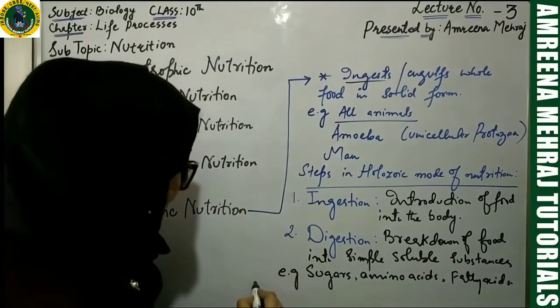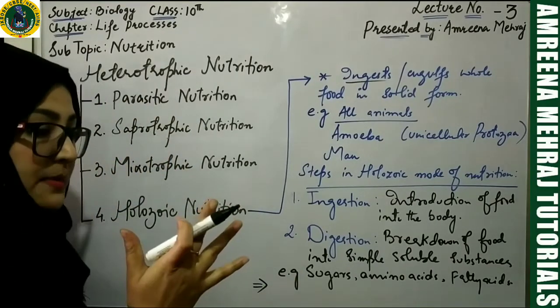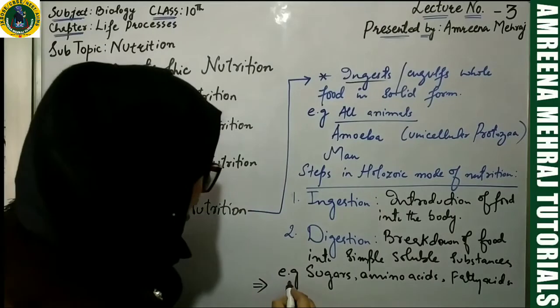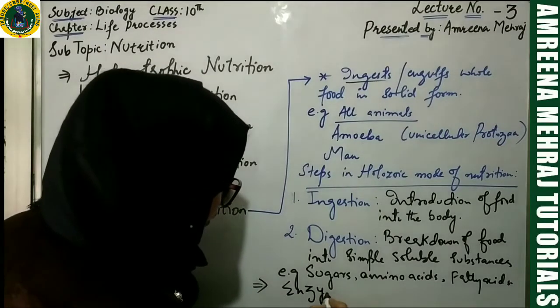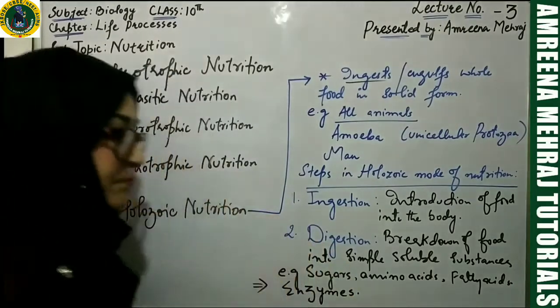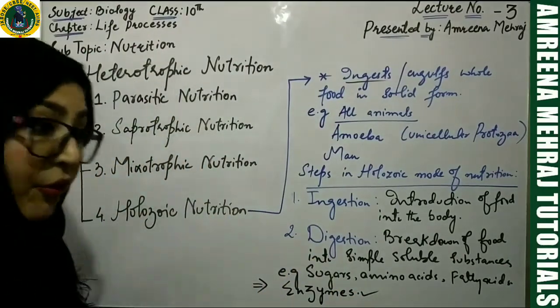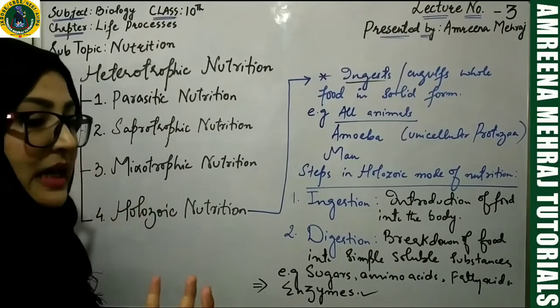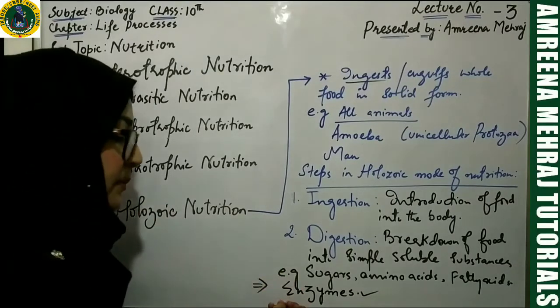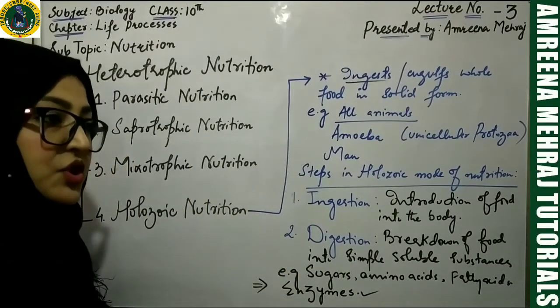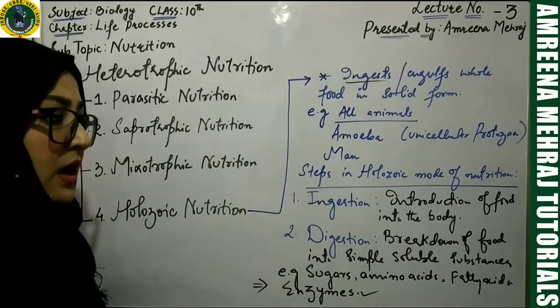And for breaking these complex substances into simple substances, what does the organism need? Enzymes. So the digestion process is aided by, that is performed by, or carried out with the help of these important substances called enzymes, which are produced by the organism itself.